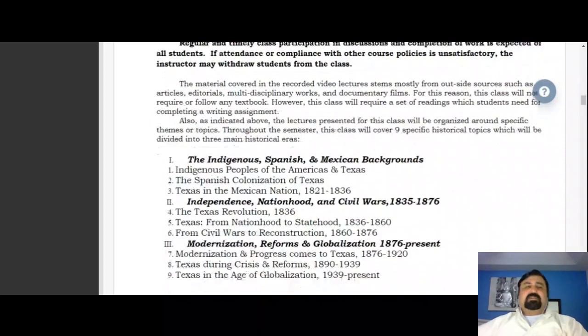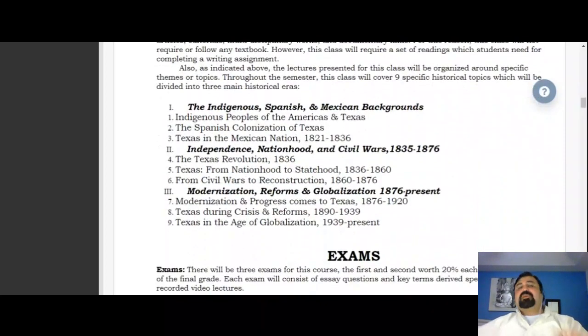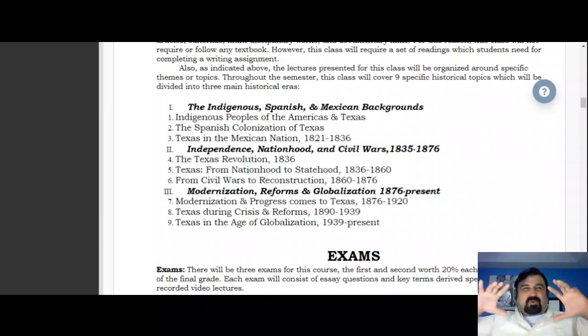So as I mentioned, there will be 3 historical periods. This is like the table of contents, so to speak, of this course, okay? The lectures are not going to be simply random, but they're organized into themes or topics, okay? As I mentioned, this is something I already explained.